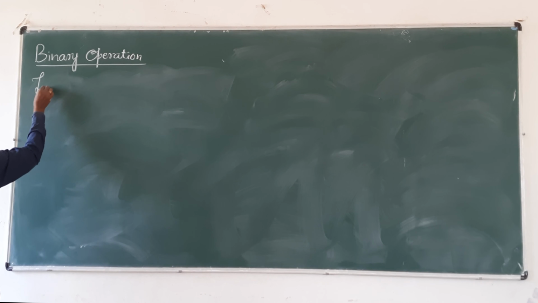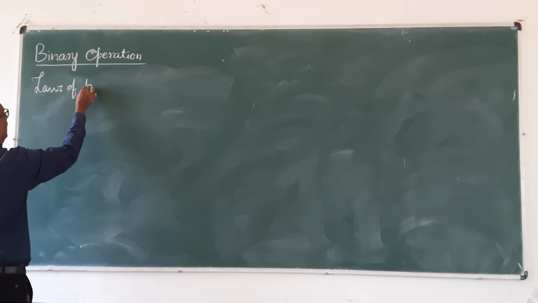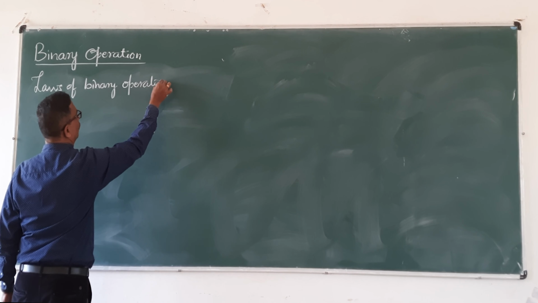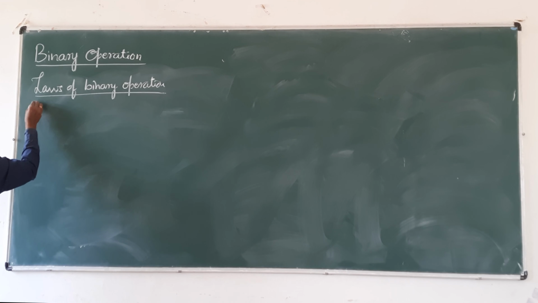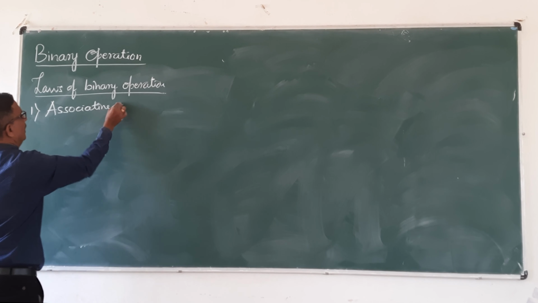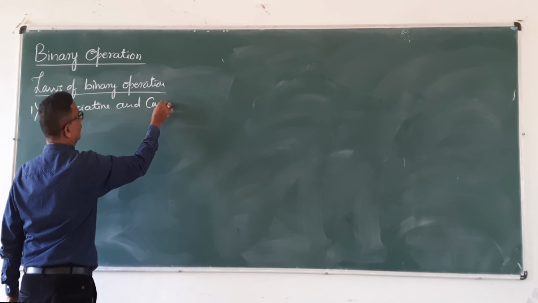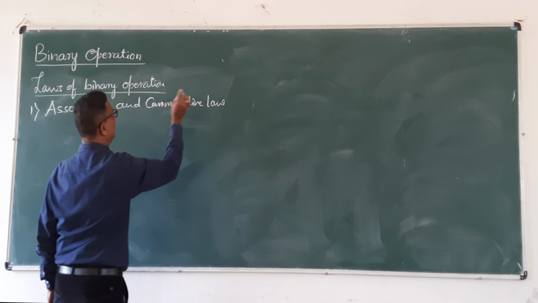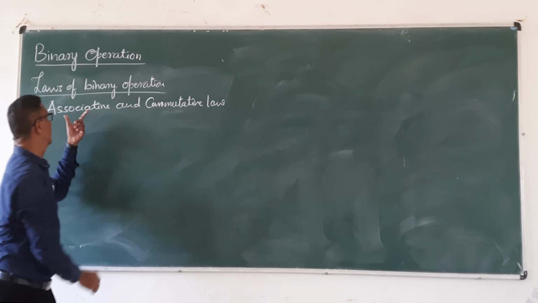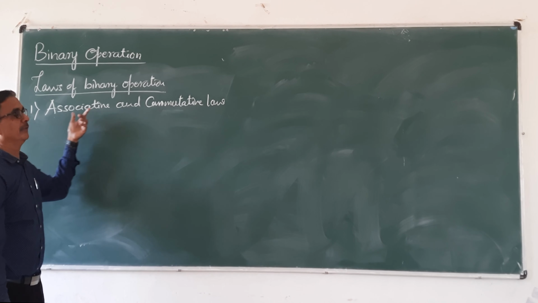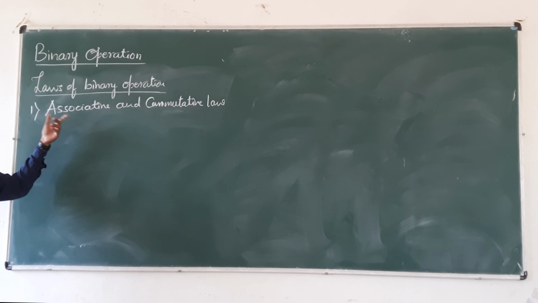The first one is the associative law, and the commutative law. In Kannada, associative and commutative are sarvartaniya niyama and parivartaniya niyama. So define the associative law as well as the commutative law.